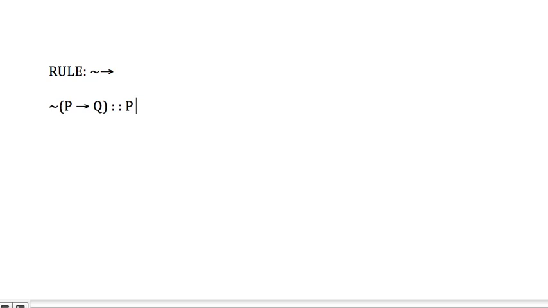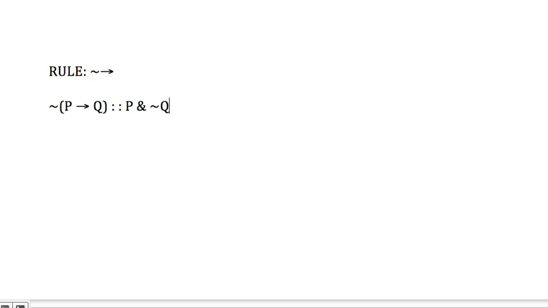So in the basic form, the rule reads this way. From the denial of an if-then, we can go to this conjunction. From a conjunction of this form, not so usefully, but legally, we could go to the denial of this conditional. But by far, most often, you're going to want to use it from left to right.